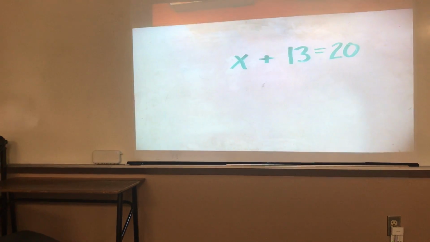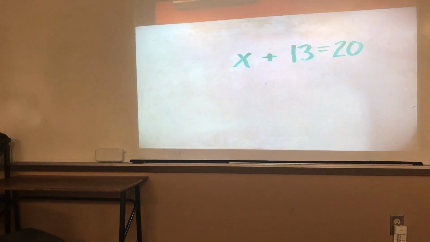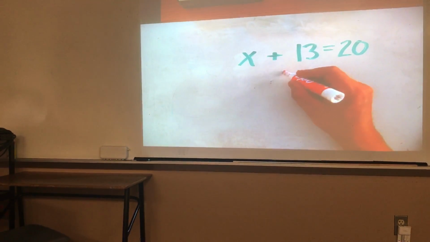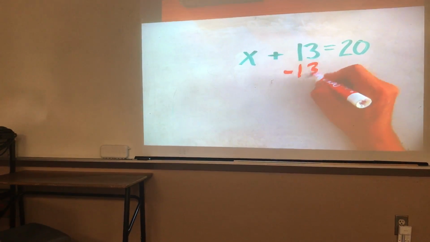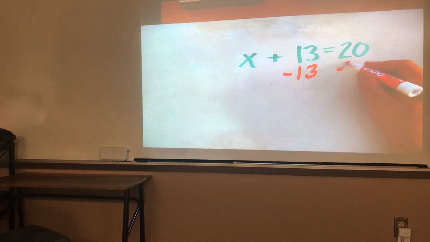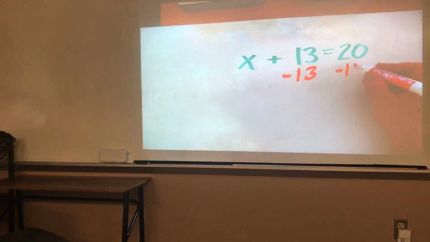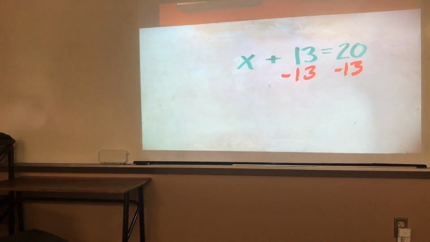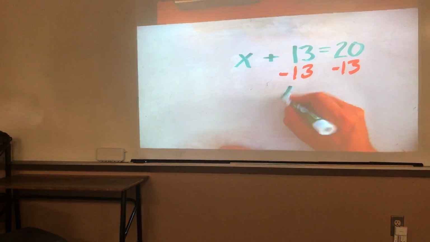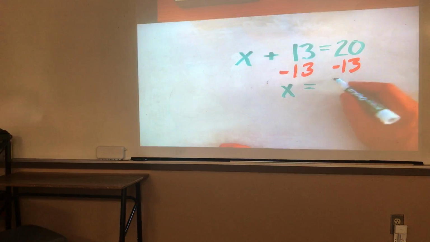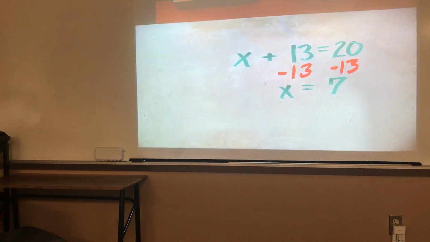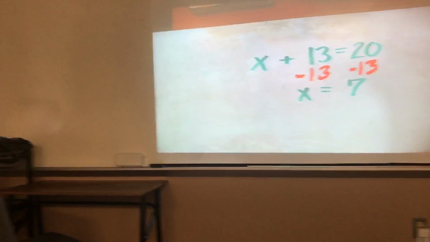Alright. So, first thing we're going to do is subtract 13 to get over to the other side of the equal sign. And we're going to get our answer. x equals 7. There we have it. That is our one-step equations. We should know this because this is review.